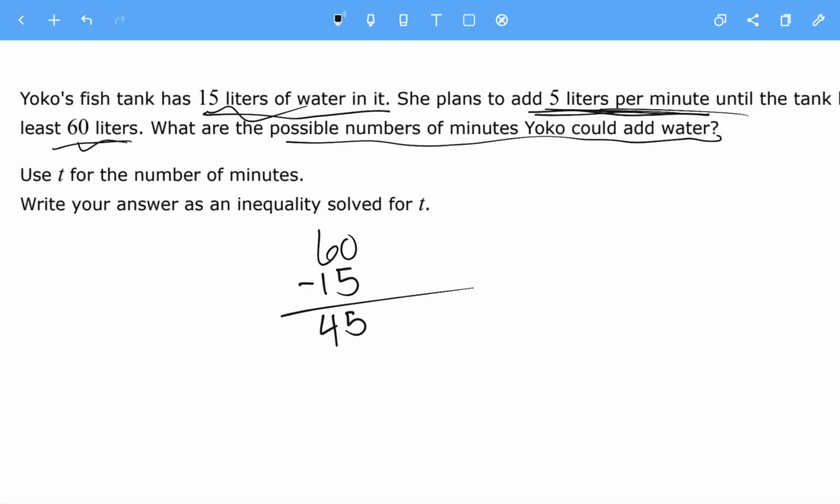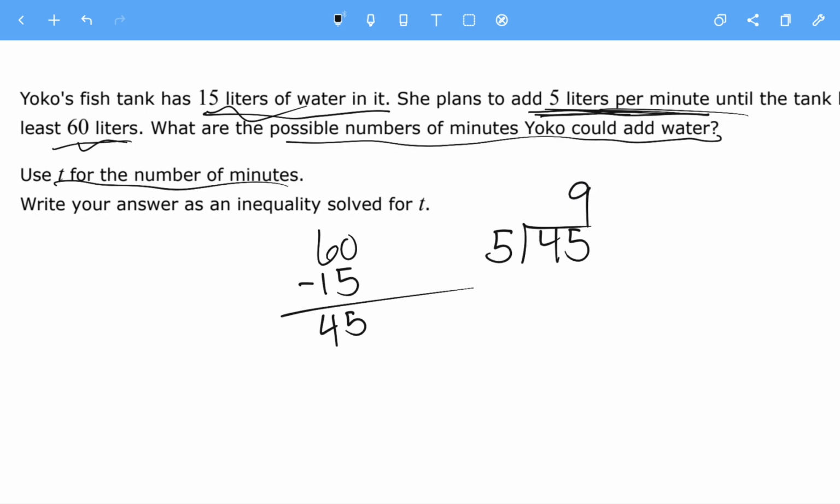Now she wants to add 5 liters per minute. And we are trying to look for the number of minutes that it's going to take to add that water. So 45 divided by 5, because it's 5 liters per minute, is 9.